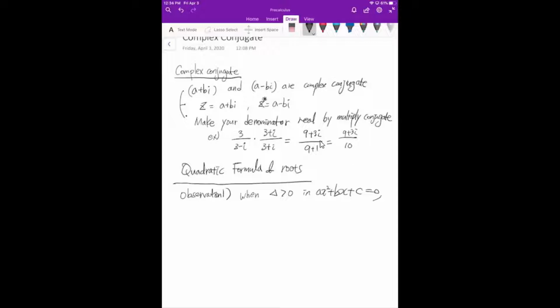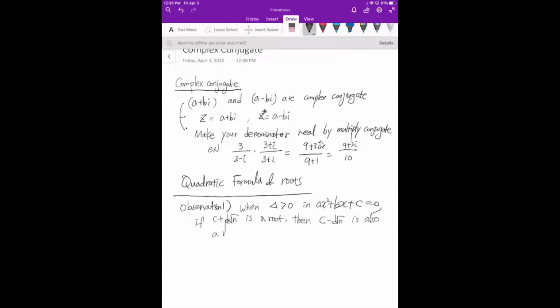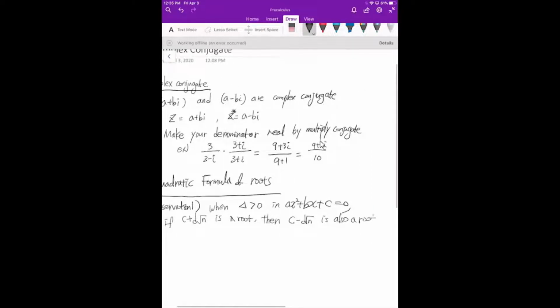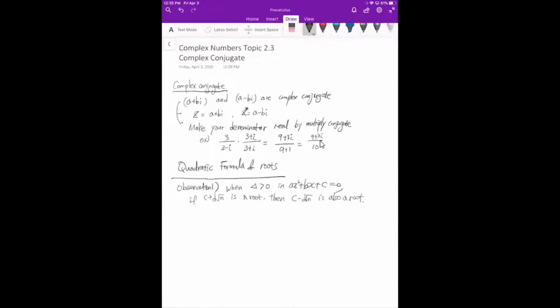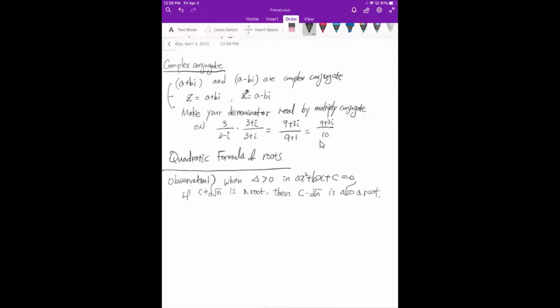When this happens, if c plus d square root of n is a root, then its conjugate, c minus d square root of n, is also a root. Why?